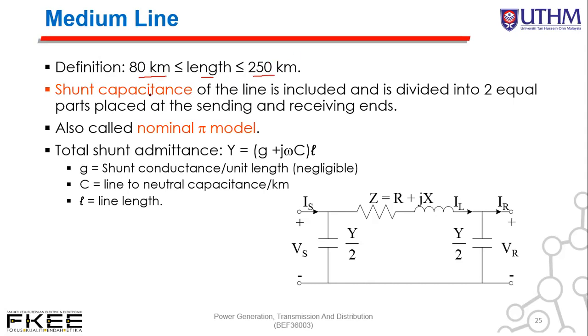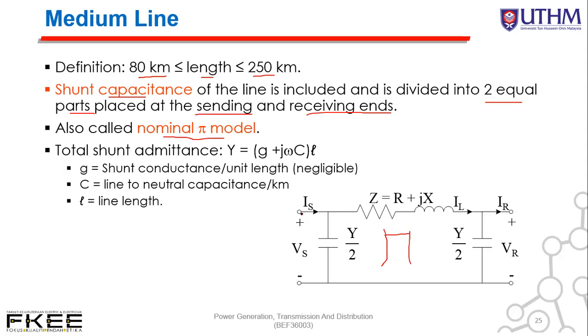In this case, the shunt capacitance of the line is included and is divided into two equal parts, placed at the sending and the receiving end. This model is also called the nominal pi model. This is like the pi model.